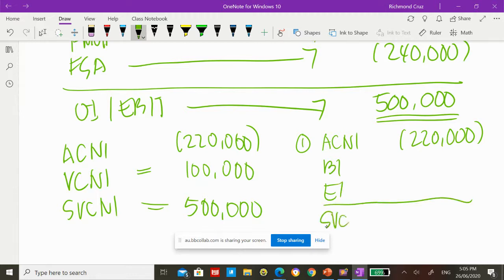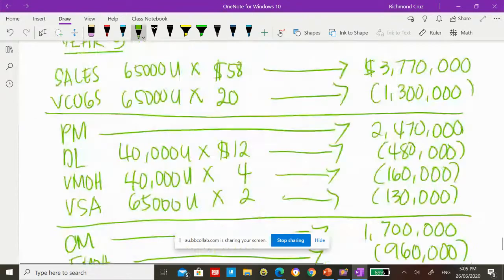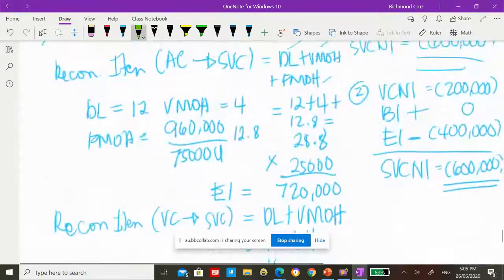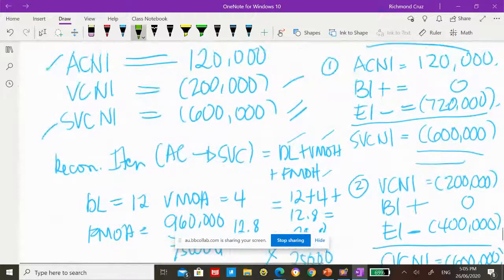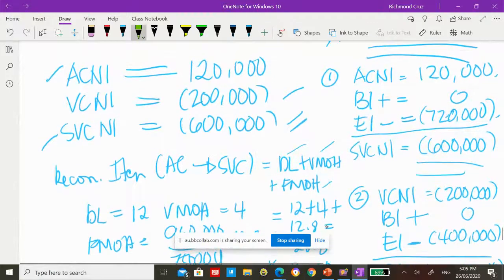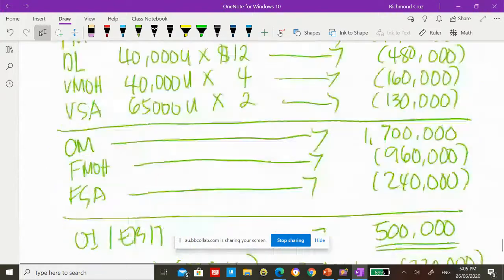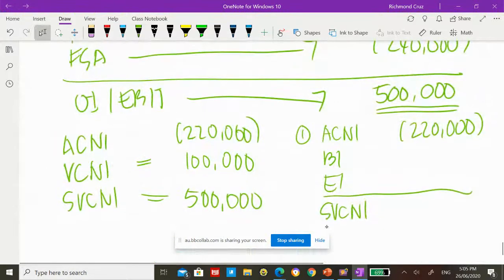So let's start from absorption costing net income, negative 220,000, to super variable costing net income. For beginning inventory, we have the ending inventory from the previous reconciliation, 720,000, but this time that will be our reconciling item for beginning inventory.